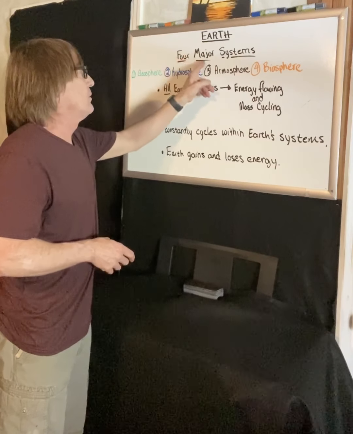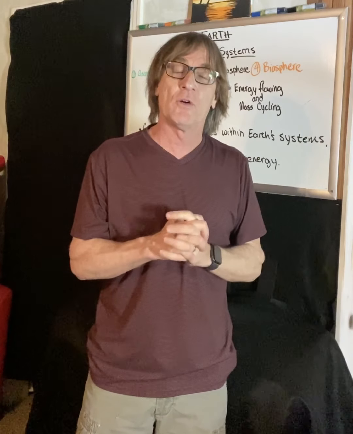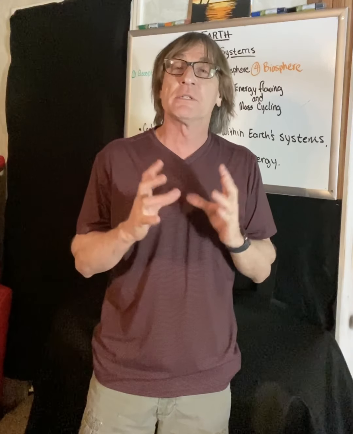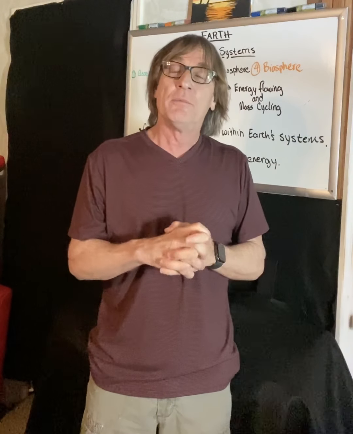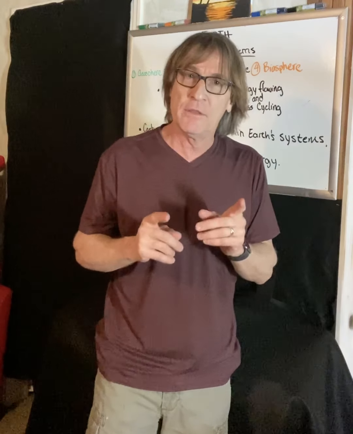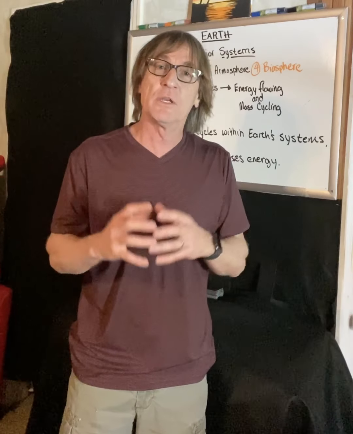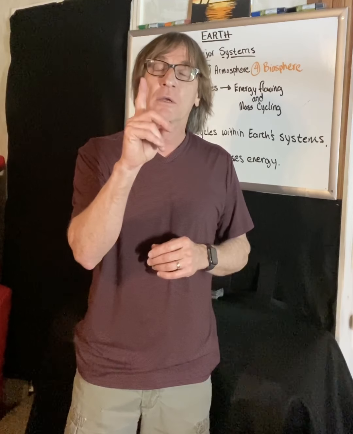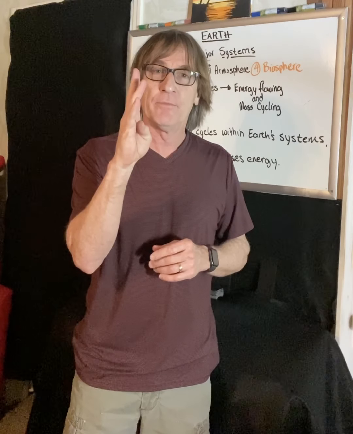Earth has four major systems that make it what it is. Now, Earth, first of all, is a very complex system. It's a complex system of basically four interacting things. And I want you to commit these things to memory, okay? The four things that make up the complex system we call Earth are rock, water, air, life.